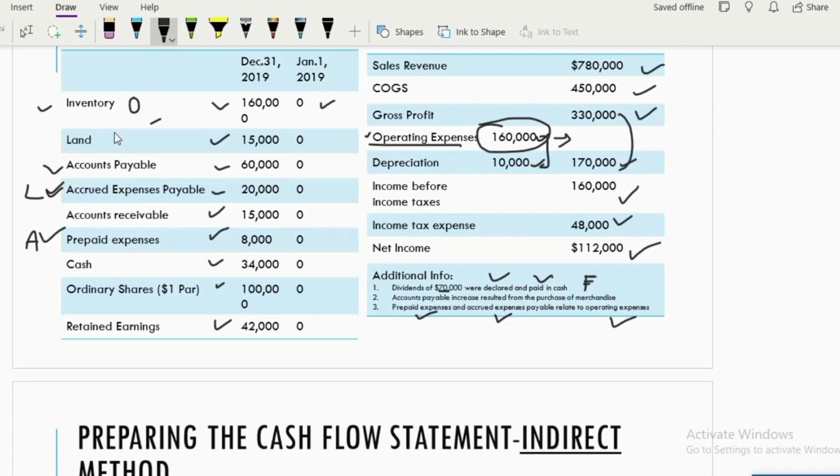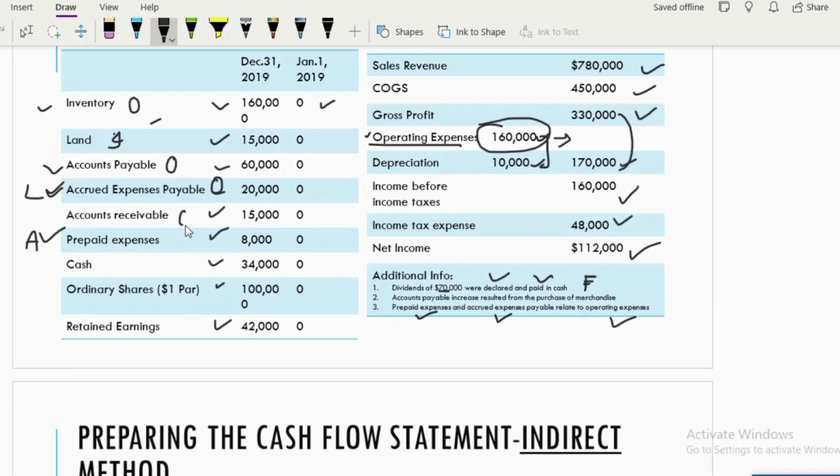I have land. Land is a long-term asset, or you can say non-current asset, so it will be part of investing activity. Accounts payable are liabilities, and that is a current liability, so it will be part of operating activity. Accrued expenses payable, again operating activity because they are current liabilities.